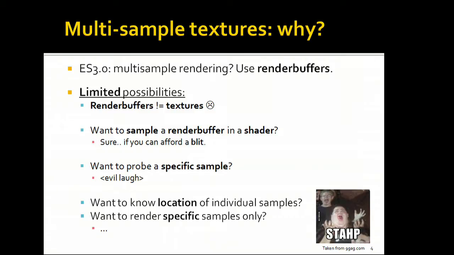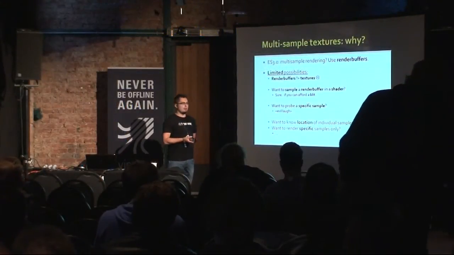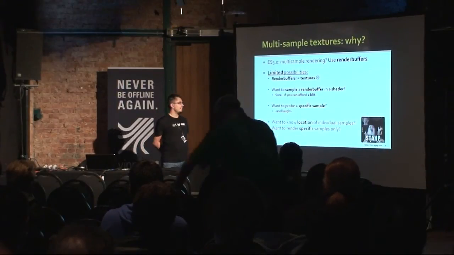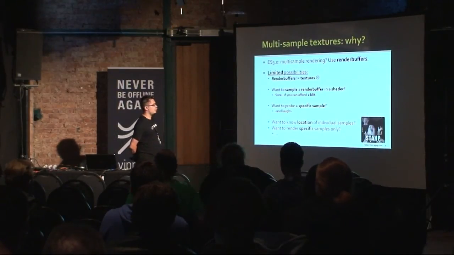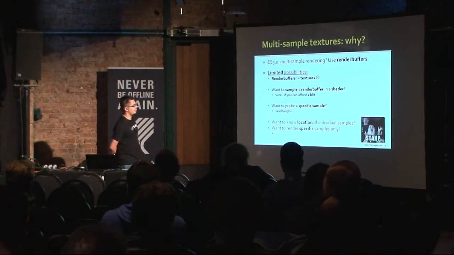What that means is, well, you cannot really access a render buffer directly in your shader. This is not really possible unless you do a blit. And by blitting operation, I mean blitting from a multi-sample render buffer to a single sample texture. Now, it's all fine and dandy, but assuming that you can actually afford a blit, because this happens to be quite a time-expensive operation on a variety of platforms.